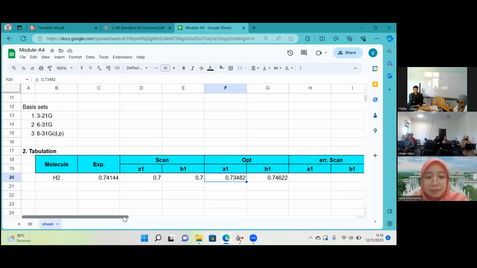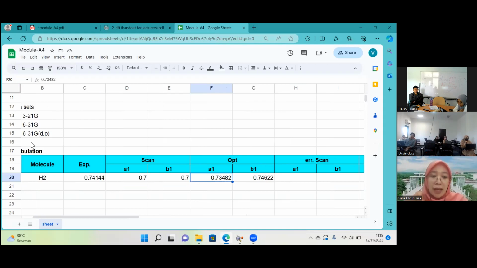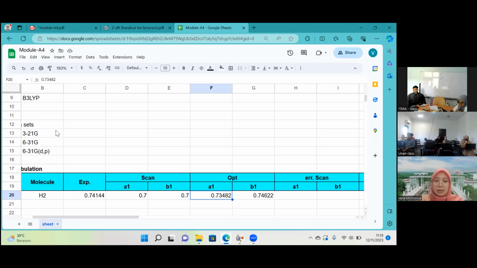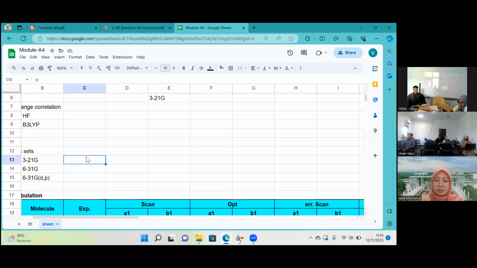Okay. So now what we have for the H2 molecule is the bond length of H2 from experiment and from the scan calculation with Hartree-Fock. Here is Hartree-Fock.